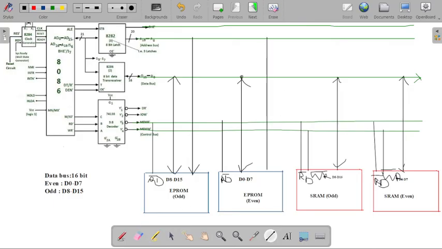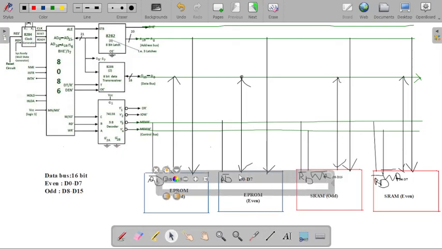So all the lines will be connected first. Here I have connected all the address bus lines to our EPROM as well as SRAM. This connection starts from this address bus line. Now I have to give the names for the address line signals.